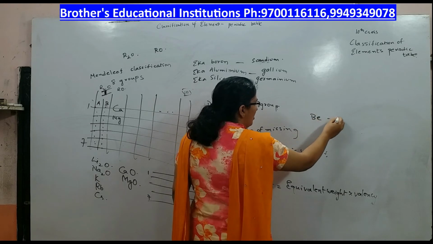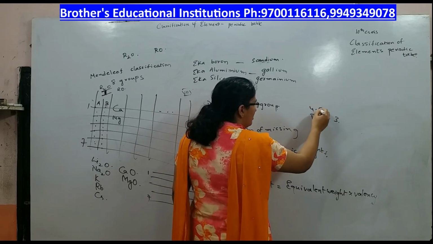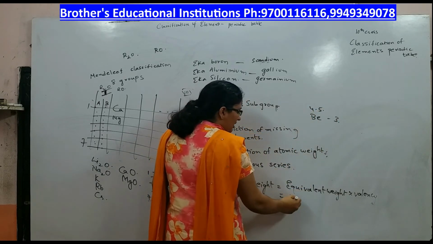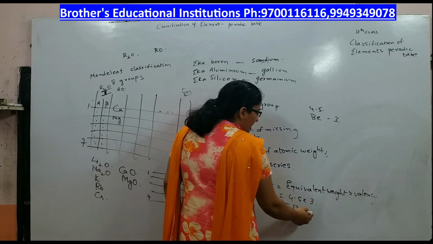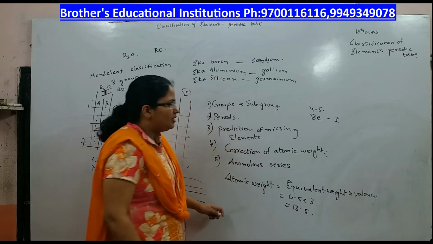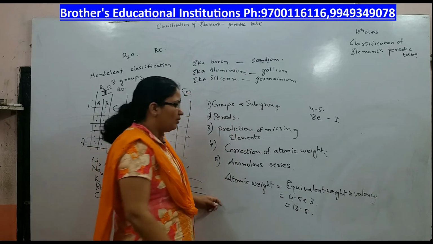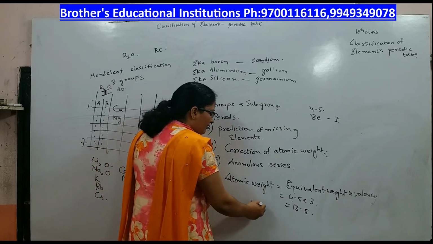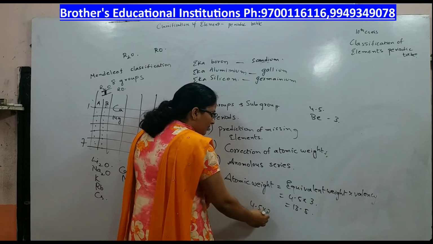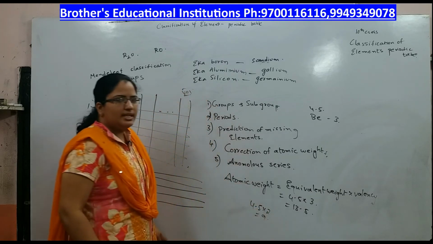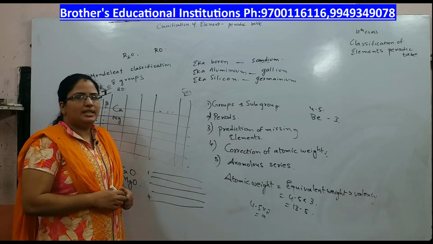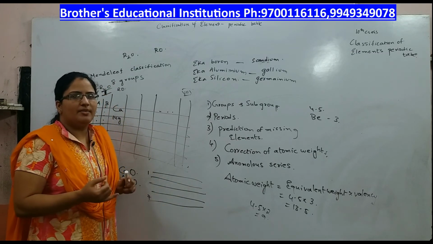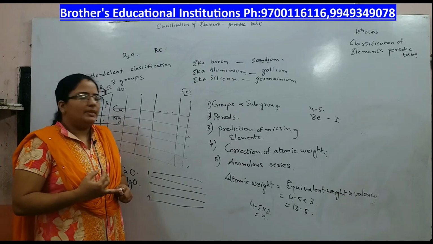Beryllium's valency was thought to be 3 and its equivalent weight 4.5, so the atomic weight would be 4.5 into 3, which is 13.5. He said that the valency of beryllium is not 3 but 2. So you get 4.5 into 2, which is 9. So beryllium will fall in the second group. This is how he corrected the atomic weights of certain elements. He even corrected the atomic weights of gold and indium.